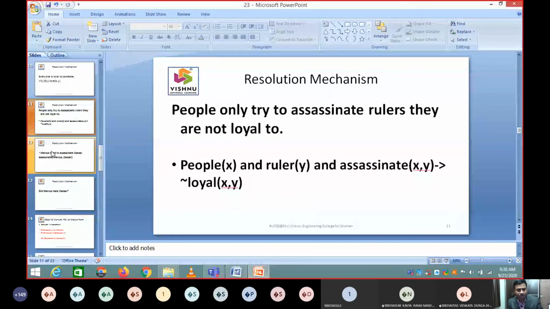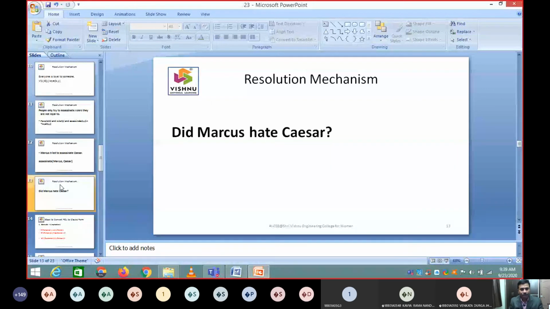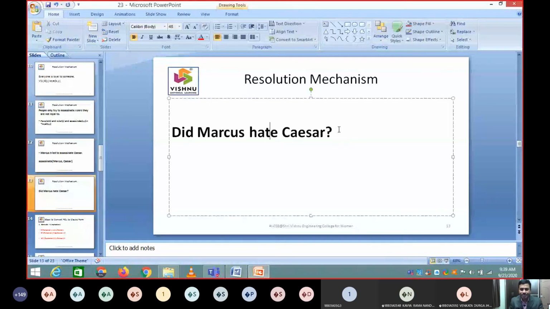So I will use the same function here also with a different. Did Marcus hate Caesar? This is what the question is. So hate of Marcus and Caesar.